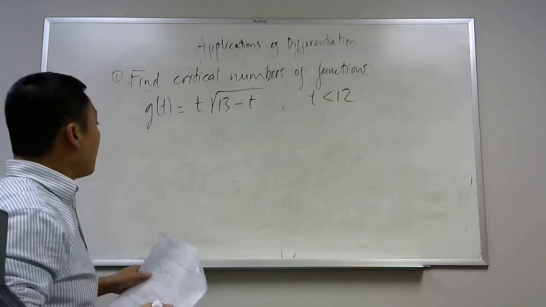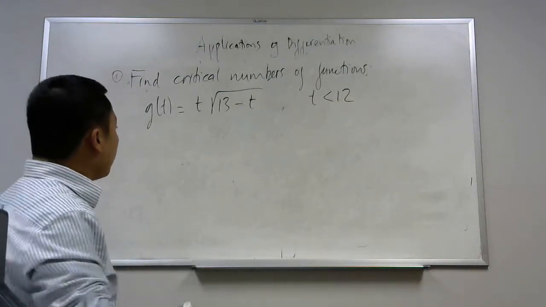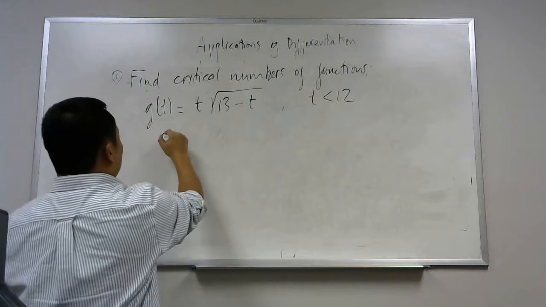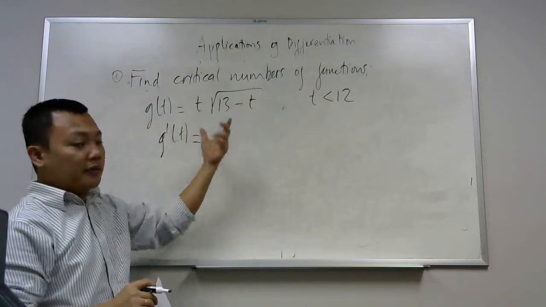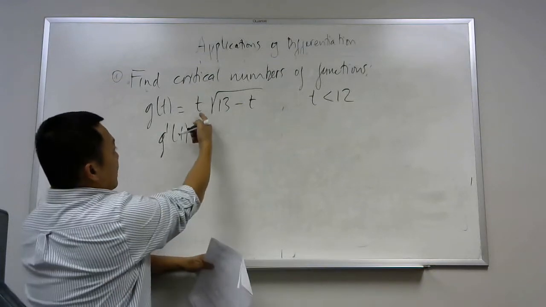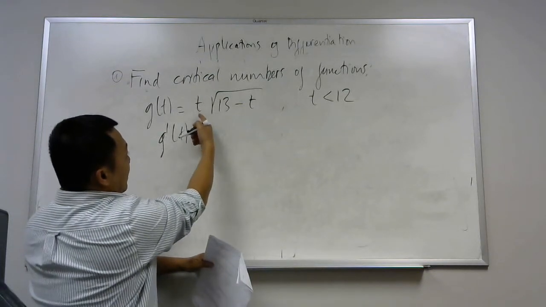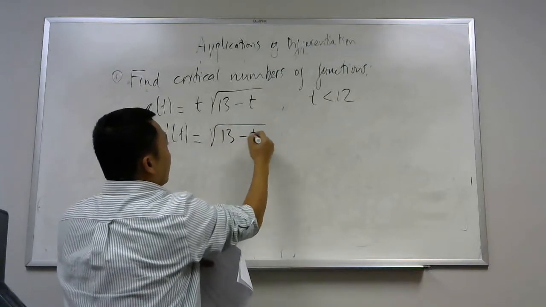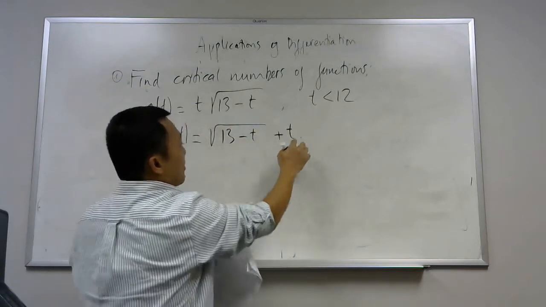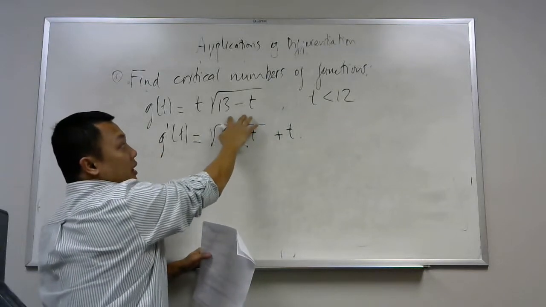Again, for critical points, we need to find the derivative of this function. So let's take the derivative. Here we have a product of two functions, so I use the product rule. The derivative of the first function is just 1, so I write just the square root of 13 minus t, plus t times the derivative of the second function.